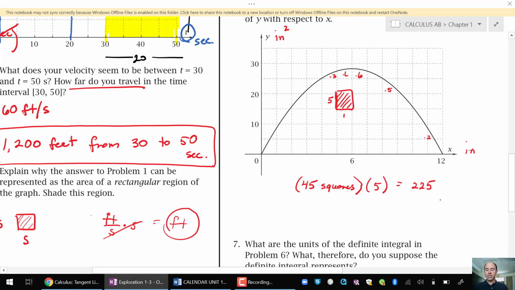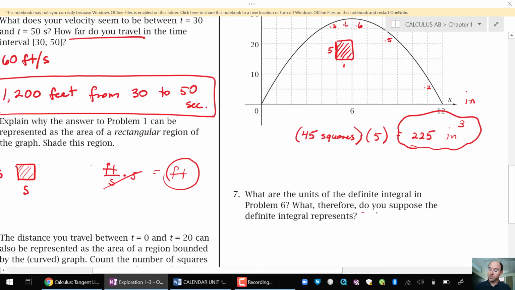So think about it. You're taking inches times inches squared. Inches times inches squared would be inches cubed. So 225 cubic inches, what I essentially found was a representation of the volume in cubic inches of that football.